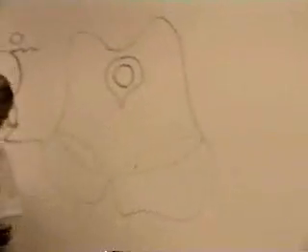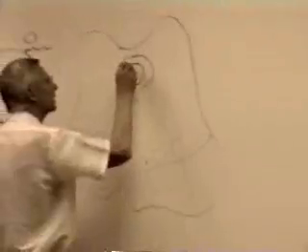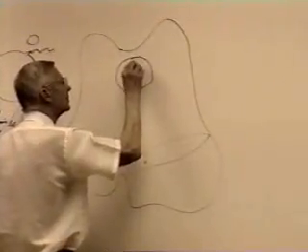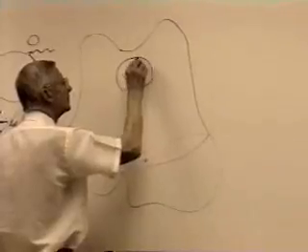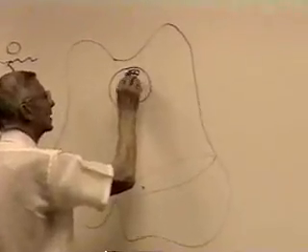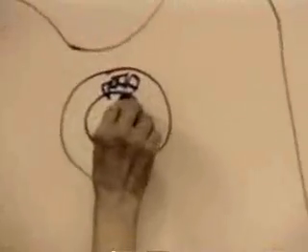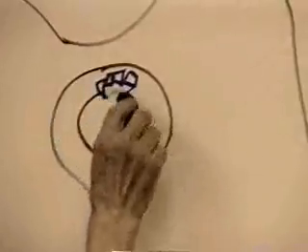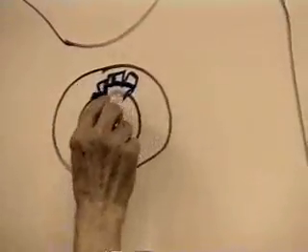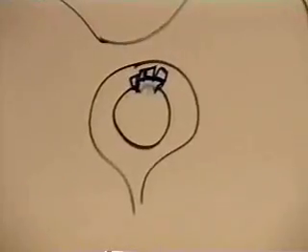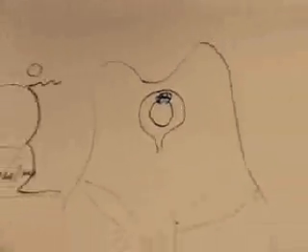In the roof of the aqueduct, there are some cells that make a little indentation in the roof here, that are different from the rest of the ependymal cells of the aqueduct.